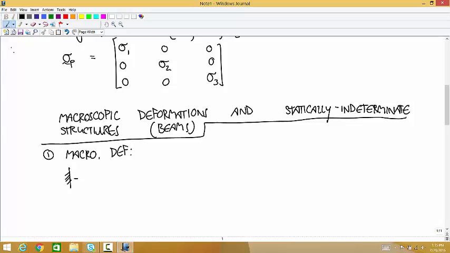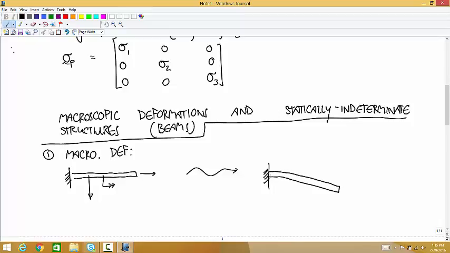say that you have a beam like this, and you put a load on it there, and a torsion there, and a force there. Then that produces a deformation that in this case might look something like this.